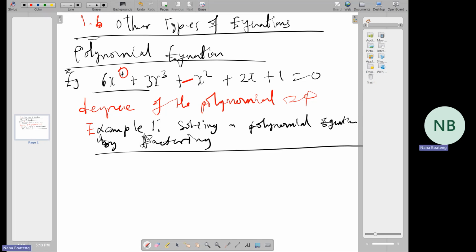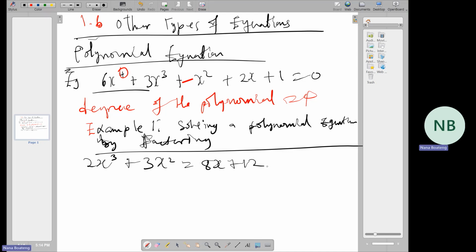For example, if we have a polynomial equation 2x cubed plus 3x squared is equal to 8x plus 12.